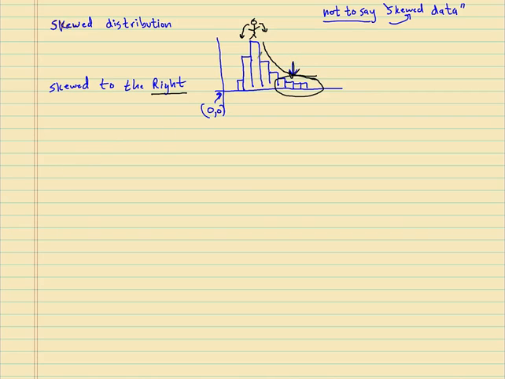Another thing you look at is you have to understand what this actually means too. So if this was 10 and this was 100, and let's say these are test scores, and these are the number of students.